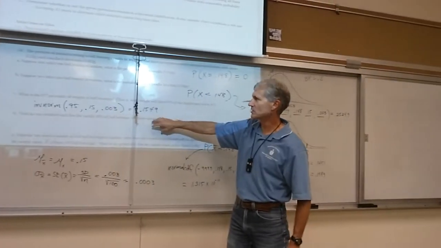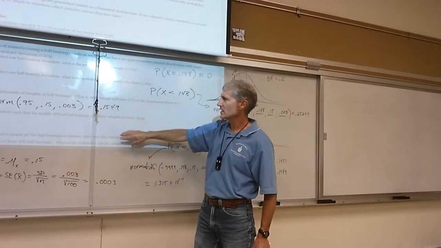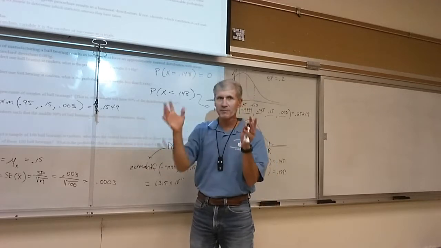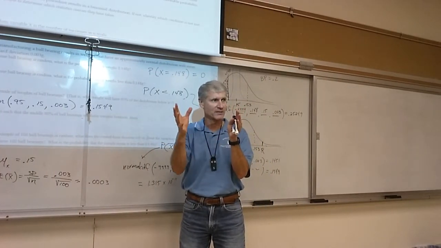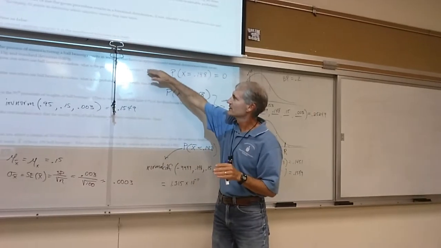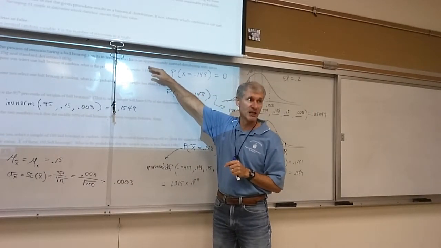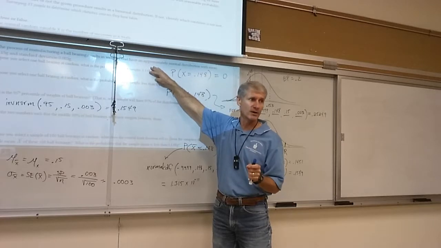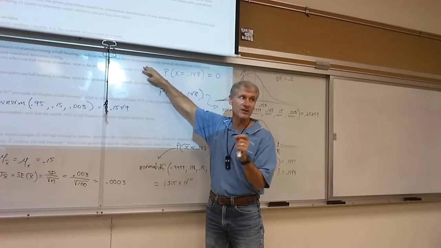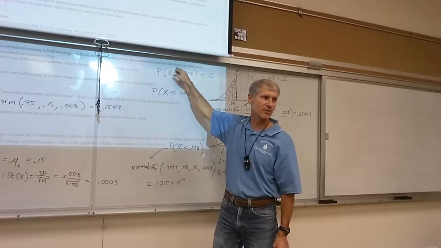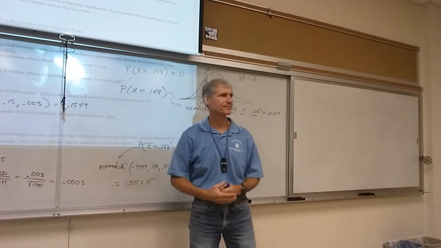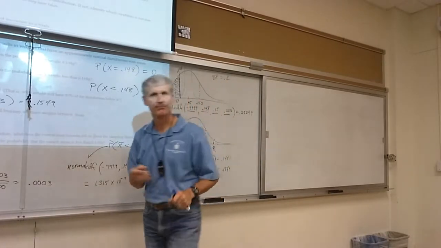That's because the central limit theorem tells us that if x is normally distributed, the original population distribution, then the sampling distribution is normal. If it's not, you need a sample size of 30. But we are normally distributed to start with, so sample size doesn't matter. Okay? Next question.